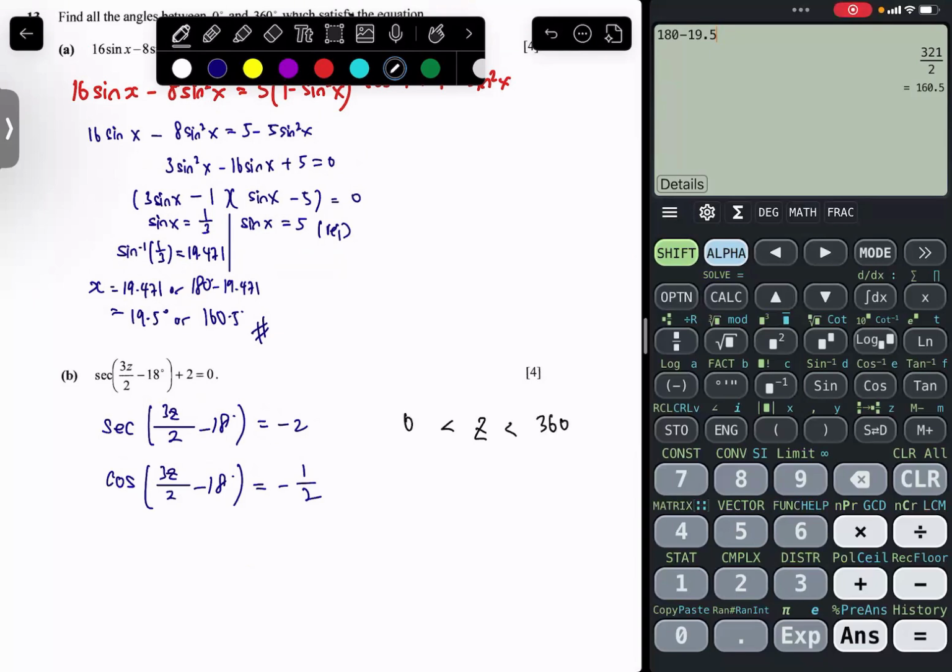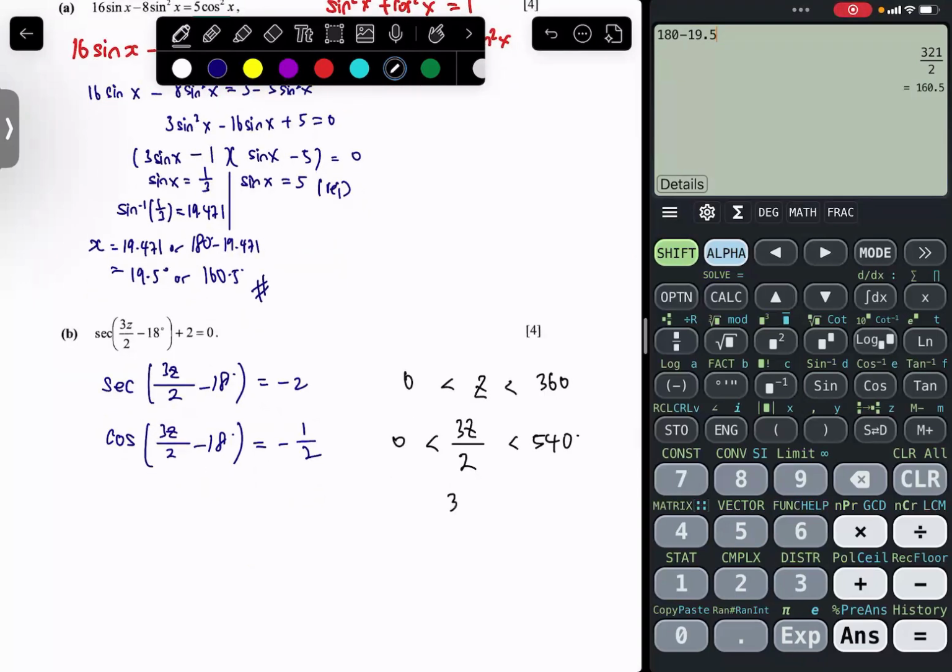So 3z over 2 must be from 0 to 540. So 3z over 2 minus 18 must consider negative 18 to 522 degrees.